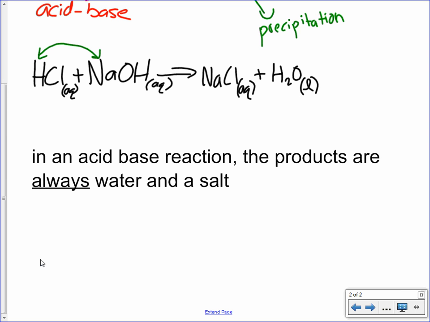Now in this case, the products were water and table salt. You know, common salt, when you hear the word salt, you think of NaCl. However, there are actually a bunch of other chemicals that are classified as salts. So it's not necessarily going to be NaCl every time. It's going to be water and some type of salt.